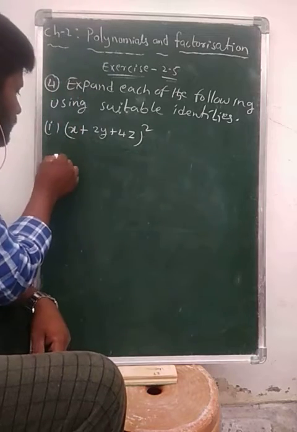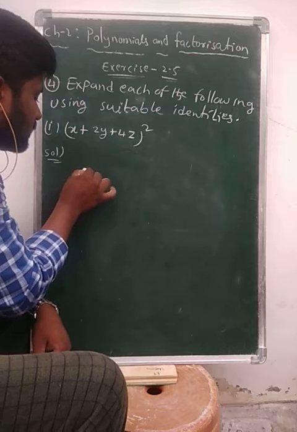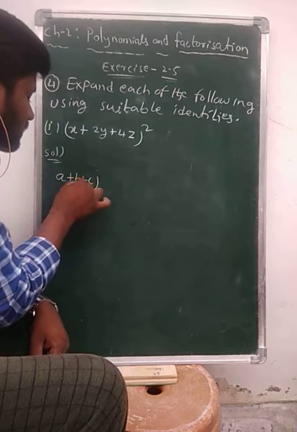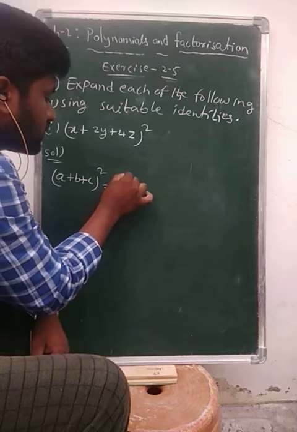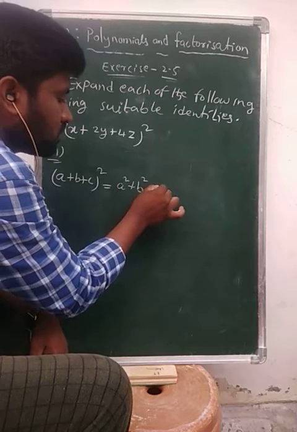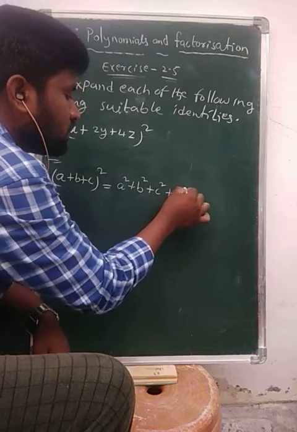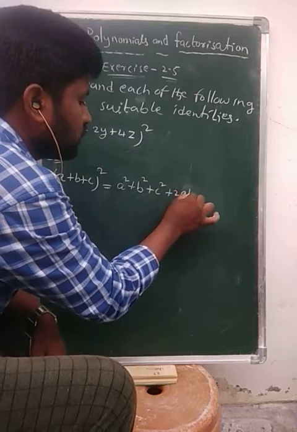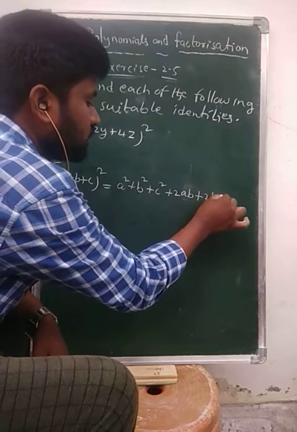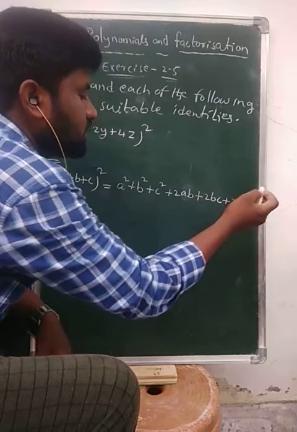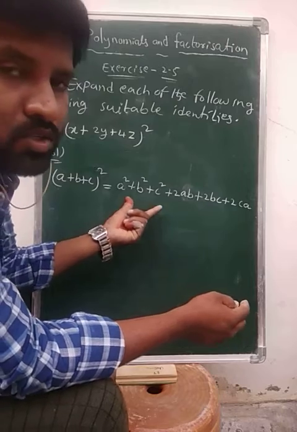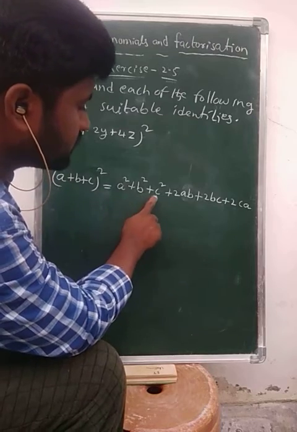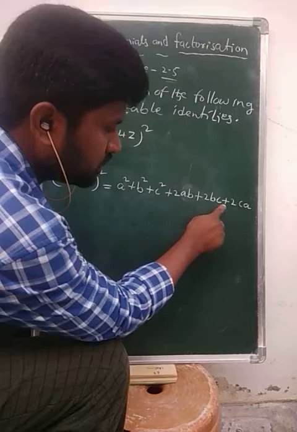That is the suitable identity which is useful here, that is (a + b + c) whole square is equals to a square plus b square plus c square plus 2ab plus 2bc plus 2ca.